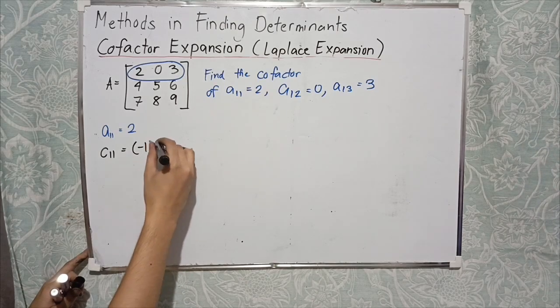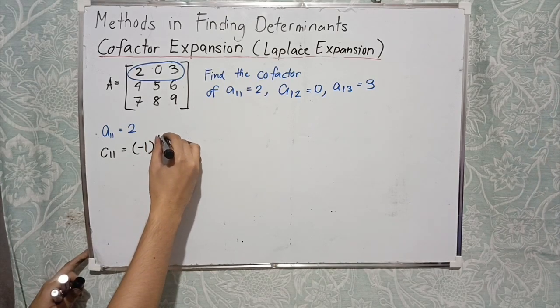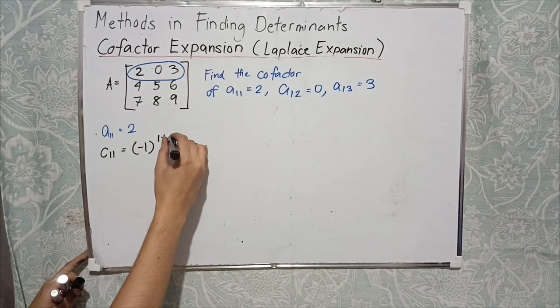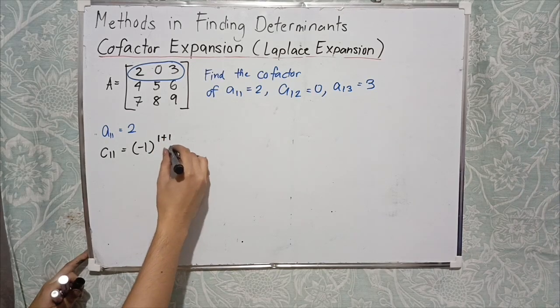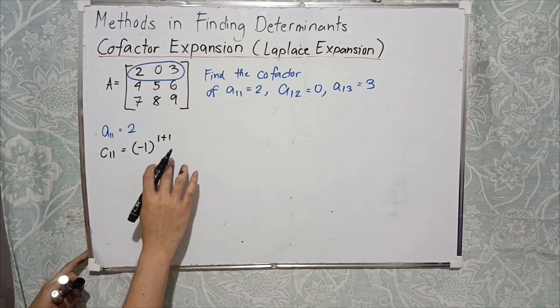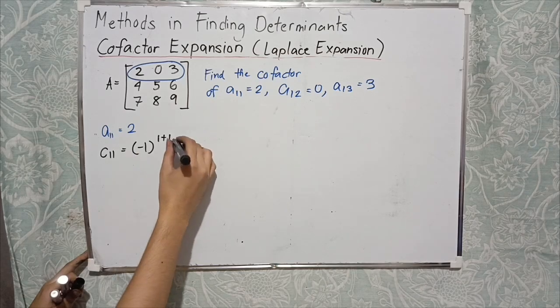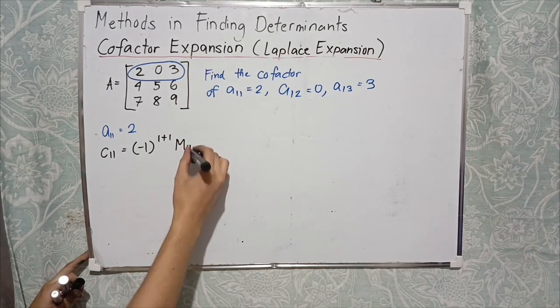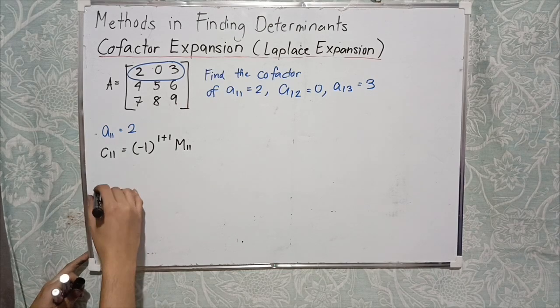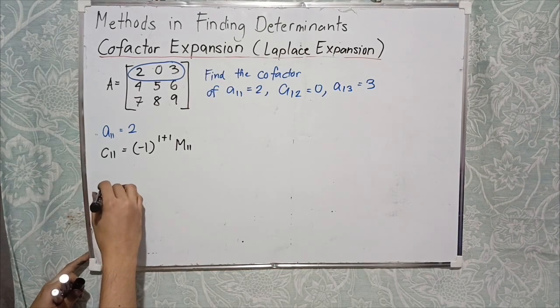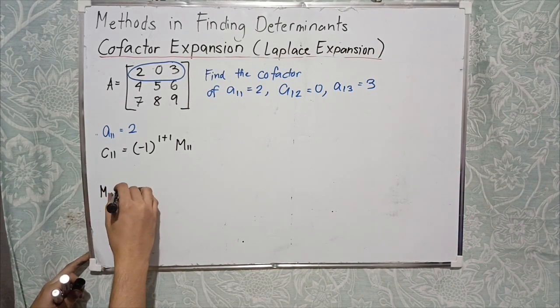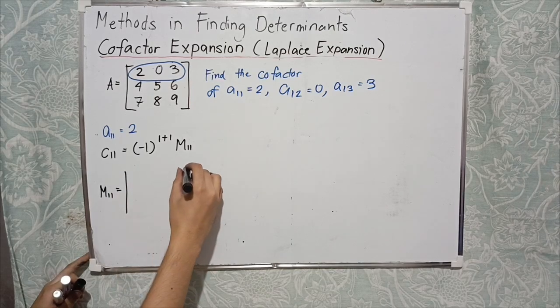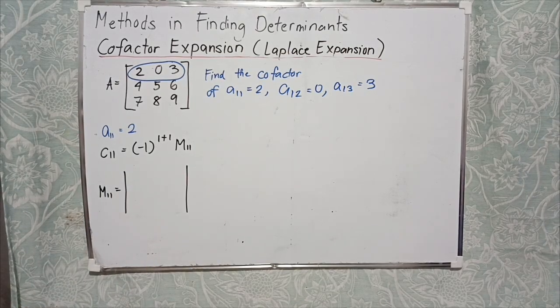So our i is equal to 1 and our j is equal to 1 also. Next, we will multiply this by its minor, which is M11. To get the M11, we need to find the submatrix for this minor.